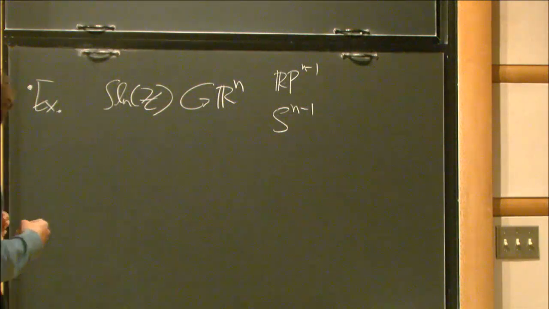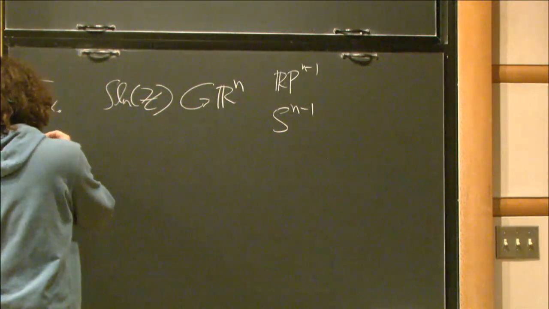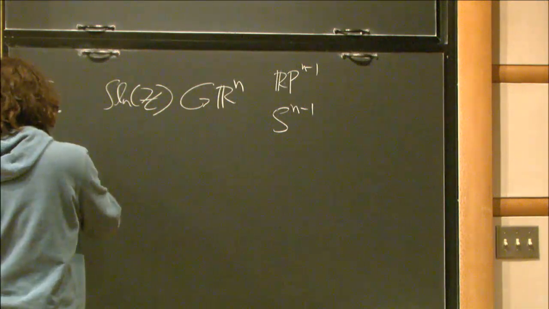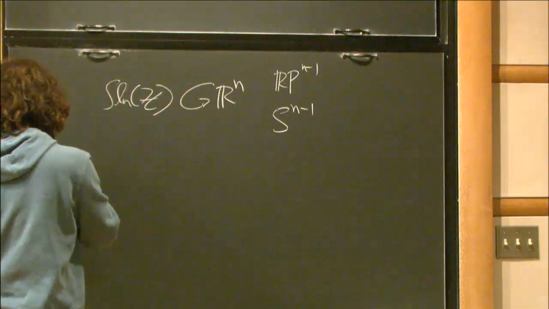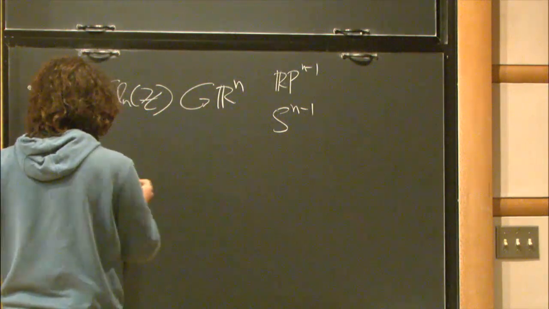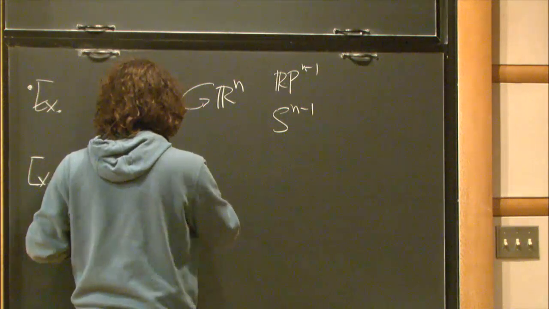Okay, so that's not yet proven. And this is one example, and another example is SL(n, Z) acting on the torus.